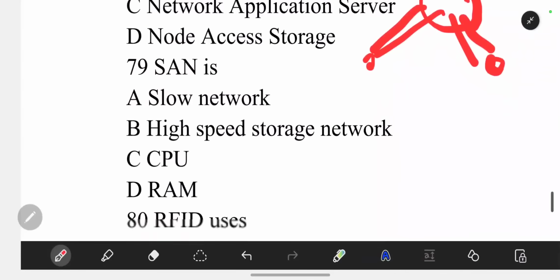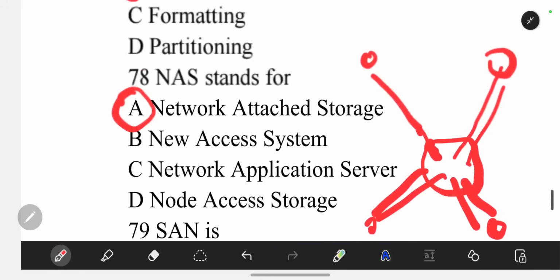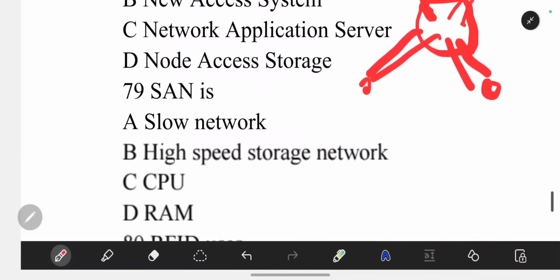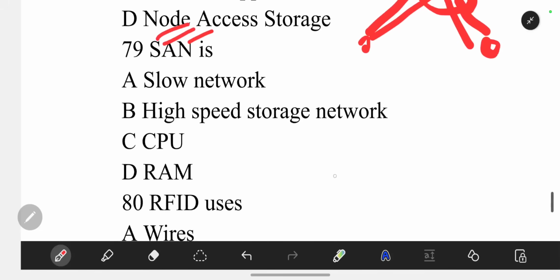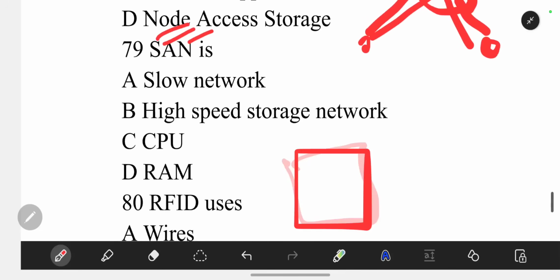Then when we look at our SAN, this stands for storage area network. So this one essentially connects our servers, which I showed you, with a centralized storage device.